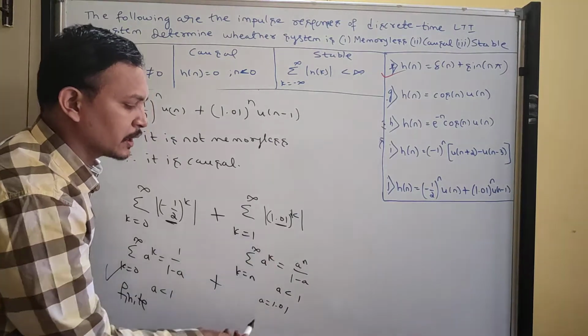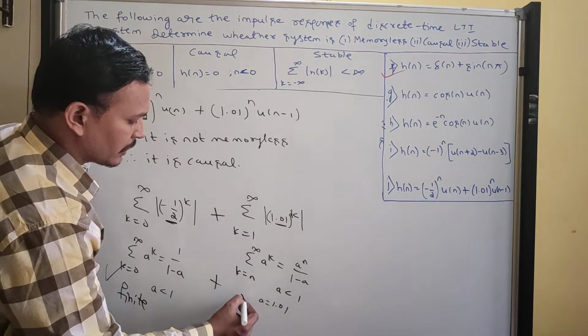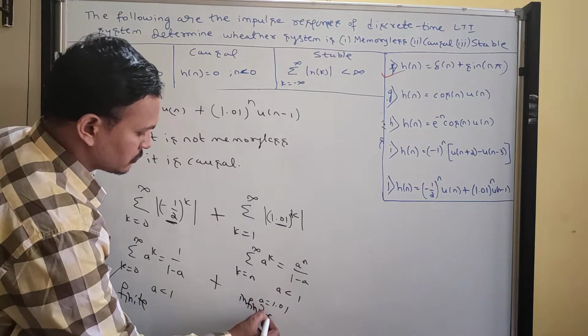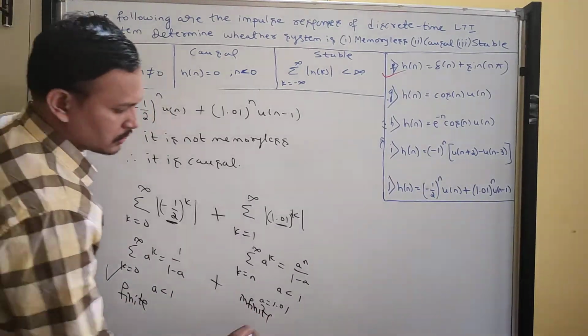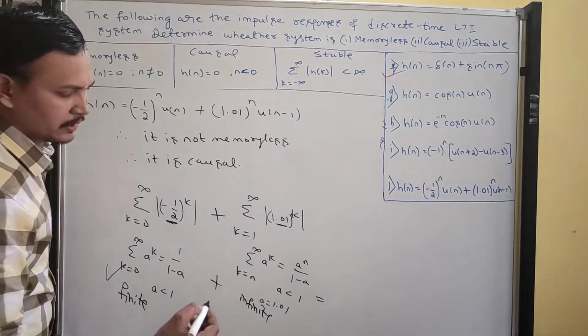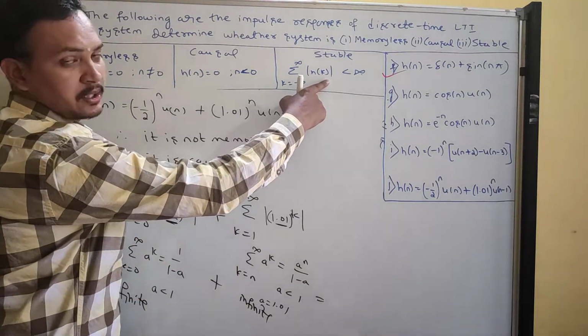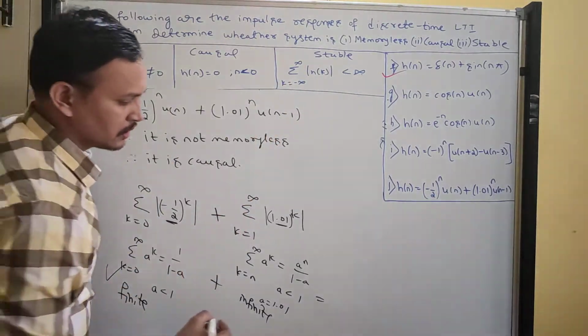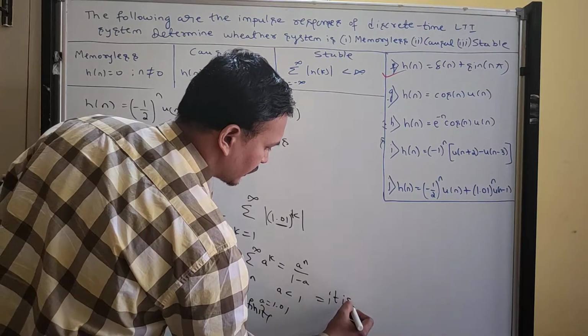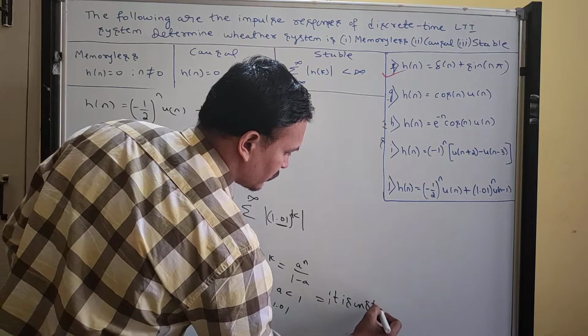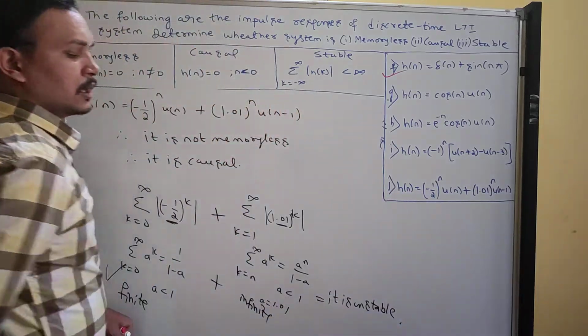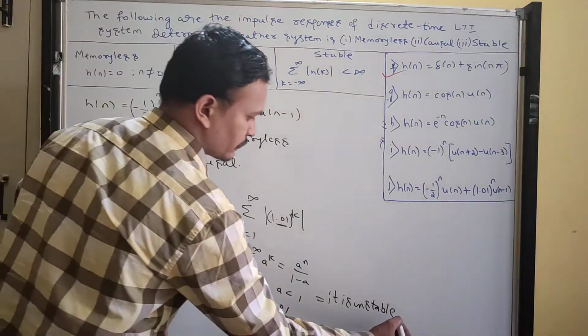So therefore you cannot apply formula. Then you will get infinite. So one finite and one infinite together become infinite. Your stability you should get less than infinity. Therefore you can say it is unstable.